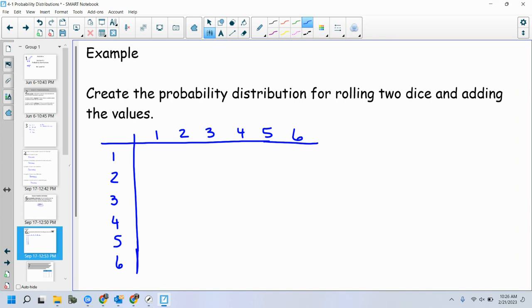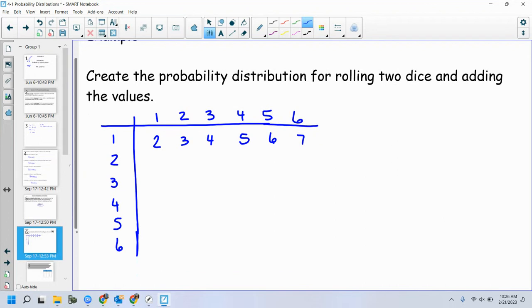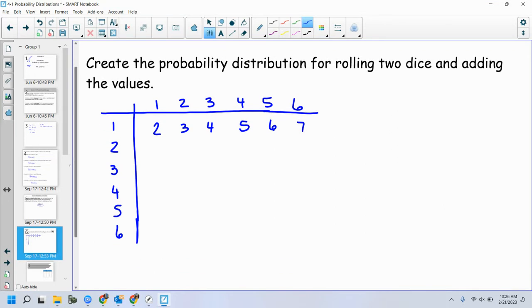What's the sum? 2. And then we roll a 2 and a 1, a 3 and a 1, a 4 and a 1, a 5 and a 1, a 6 and a 1. We can fill in this table, right? This is pretty easy. A 2 and a 2, 2 and a 1. That's a 3, 4, 5, 6, 7, 8.